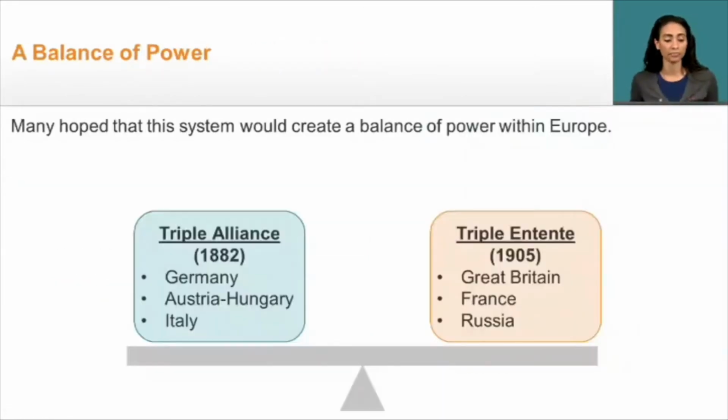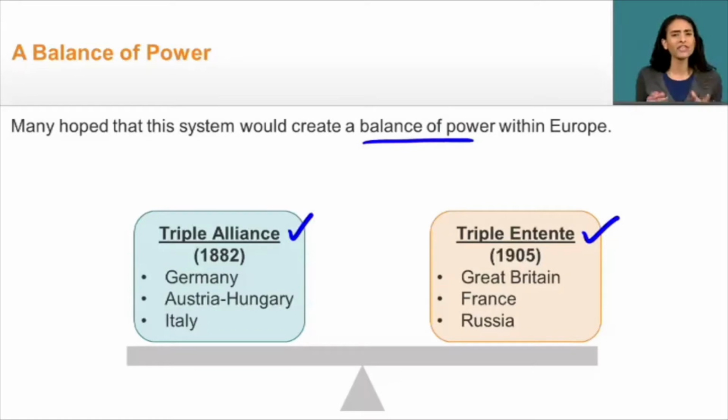As a result of these two alliances being formed, the Triple Alliance and the Triple Entente, we're going to see a balance of power established within Europe.